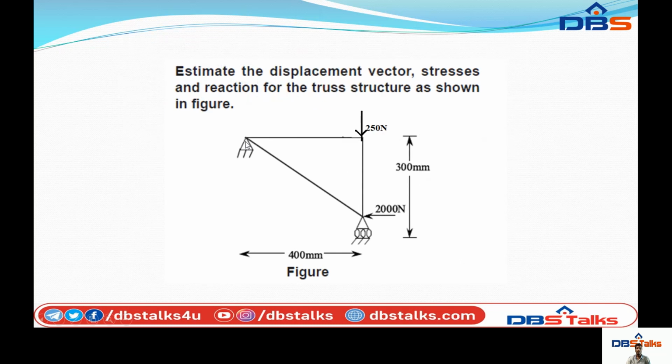After that, from element 1 to element 2, it is traveling from point 1 to point 2, having a length of 400 millimeters. It is traveling in the horizontal direction, so I'm considering the length here as 400 mm.